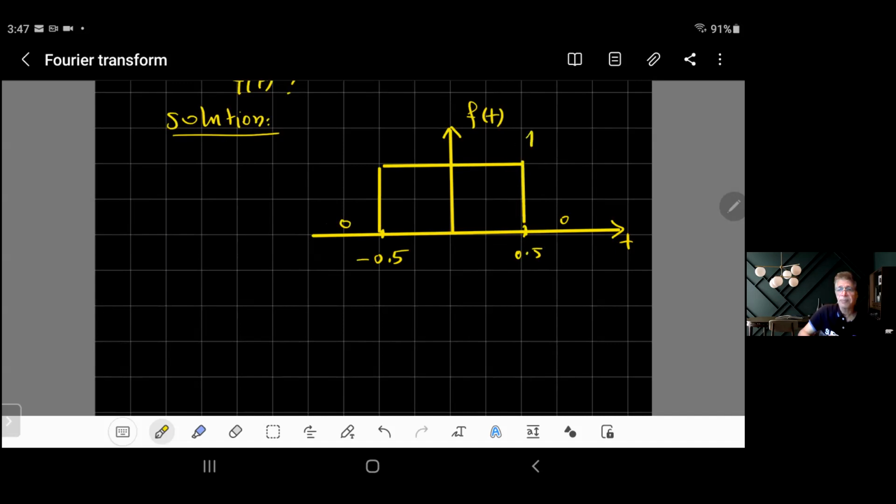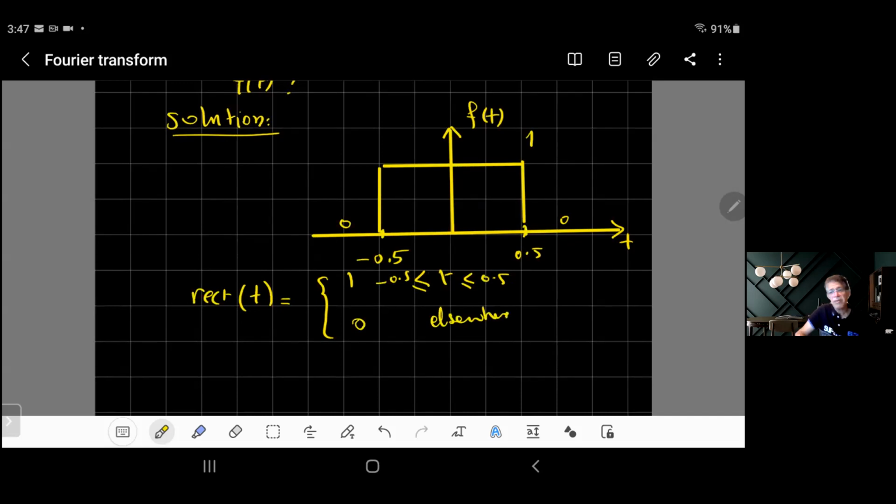And the height is equal to 1. This function is called rectangle, and it's equal to 1 if t is greater than minus half and less than positive half, and 0 elsewhere.